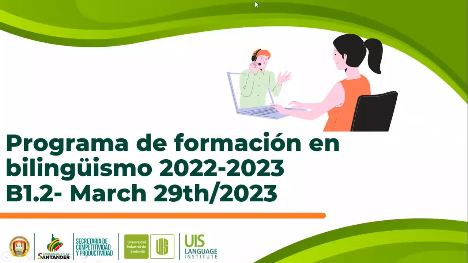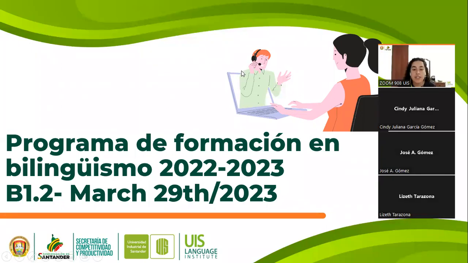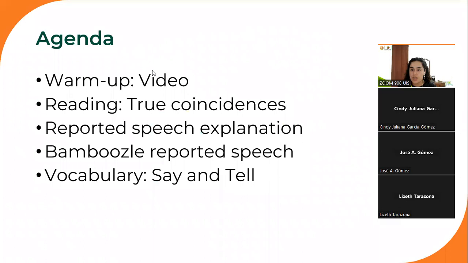All right, now we can begin our class for today. Let me show you the agenda first. First, we're going to watch a short video related to the topic that we're going to study today. We will continue with Unit 6. We are going to do a reading activity called True Coincidences. Then we're going to talk about reported speech, how to use reported speech. Then we are going to practice with a game, Bamboozle.